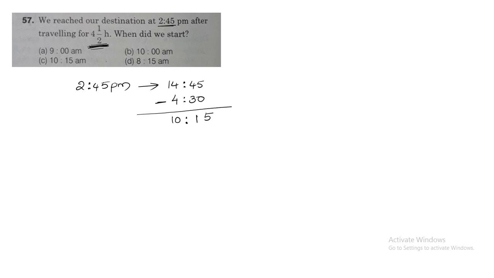So 10:15 means we have come back to the morning session. So this becomes 10:15 a.m. The answer is 10:15 a.m. Whenever such questions are asked, simply change it into railway time.